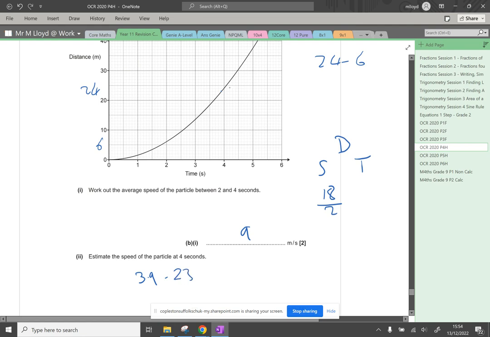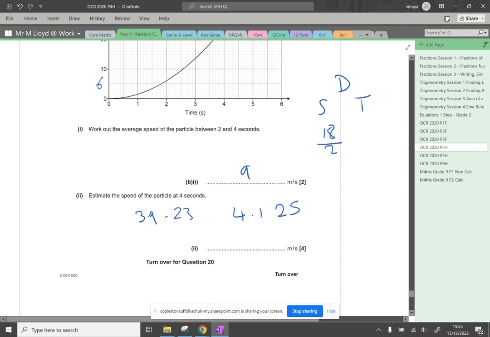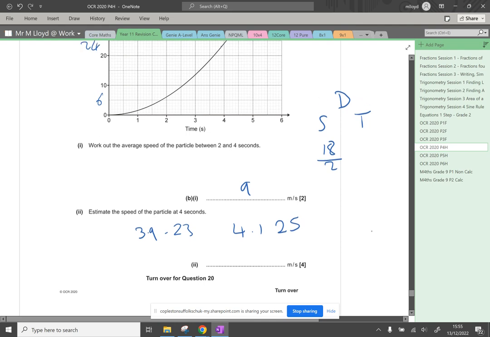And then we've got 4.1, which is at 25. So in 0.2 seconds, it's travelled 2 meters. There we go. So 2 divided by 0.2. I'm going to say it's travelling roughly at 10 meters per second at that point.